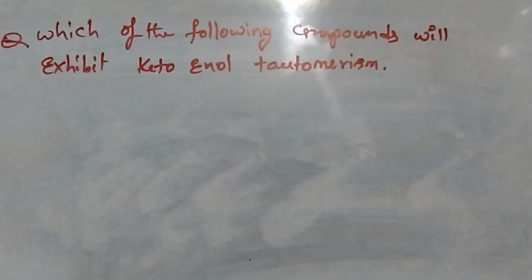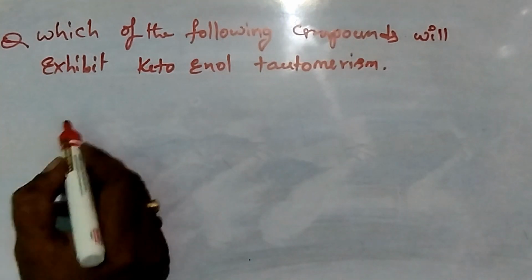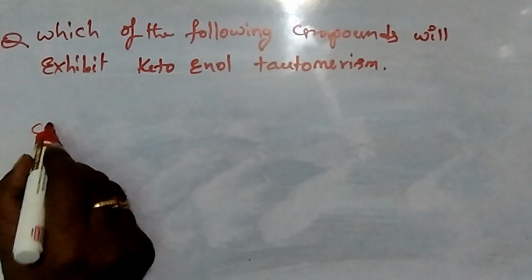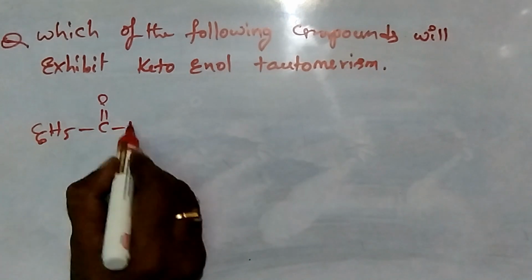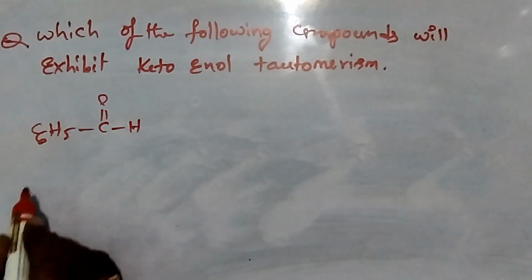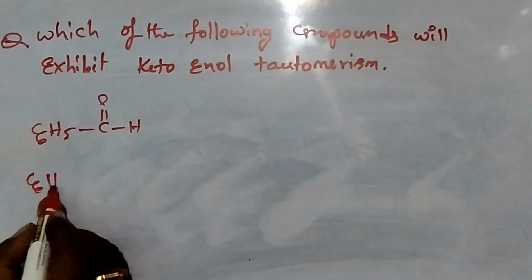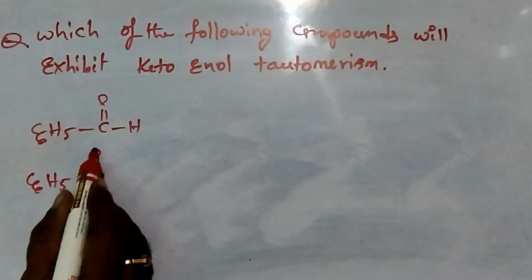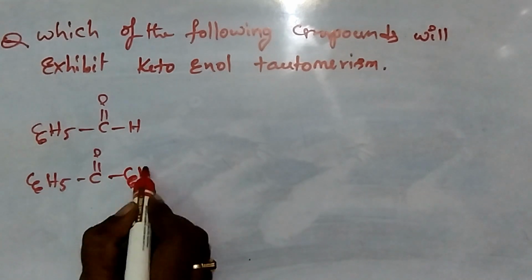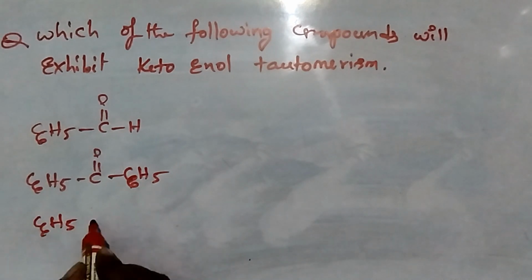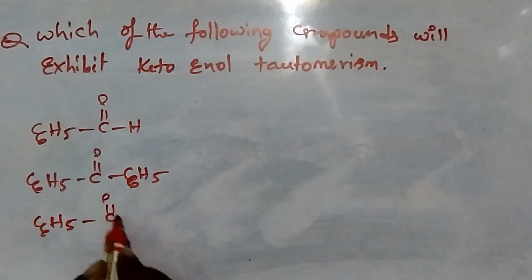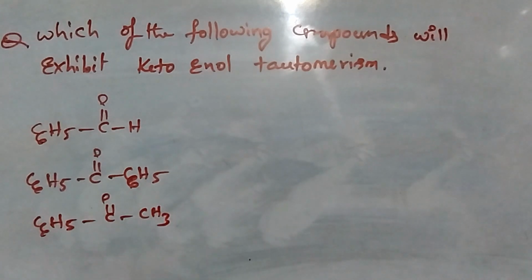This is the question. See now, C6H5C double bond OH, another C6H5C double bond O C6H5, C6H5C double bond O CH3.